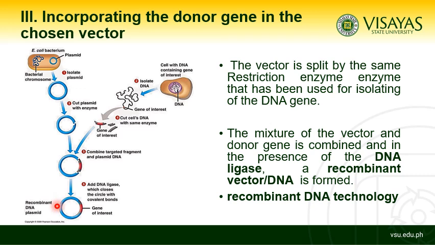We have the genes from the plasmid and we also have the gene of interest. So this gene of interest again may be coming from an animal or a human or a plant, or a specific sequence lang gusto nato nga studyhan.